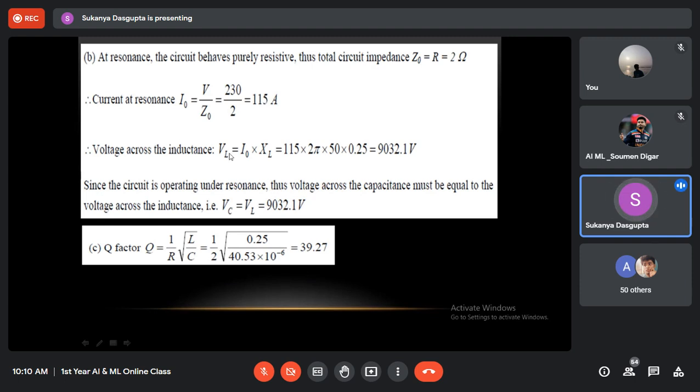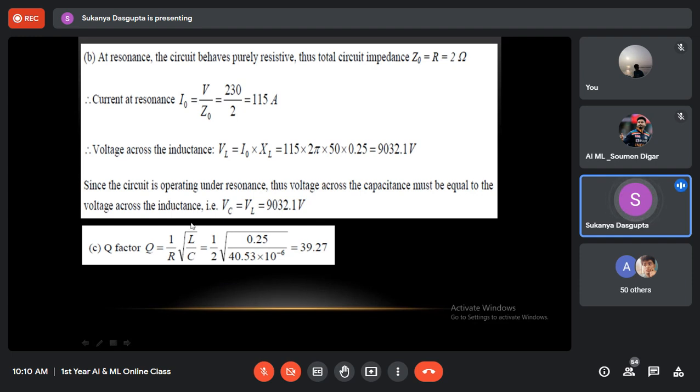So voltage across inductor is I times XL. Voltage across capacitor will be also equal to the voltage across inductor. So we can directly write here 9032.1 volt. Or you can calculate VC as I naught times XC. You'll get the same value.